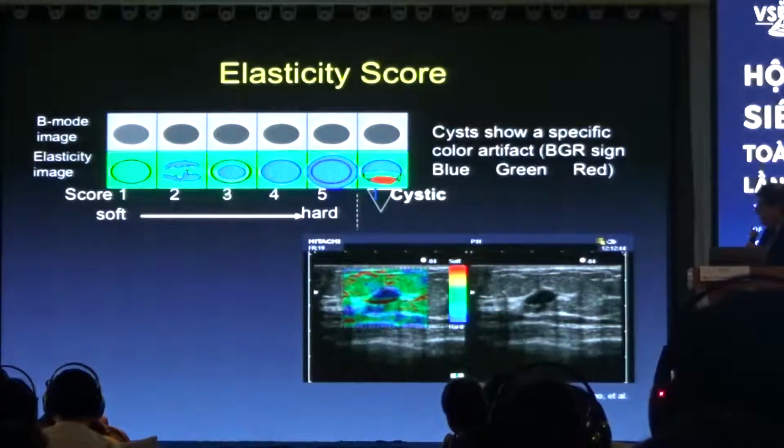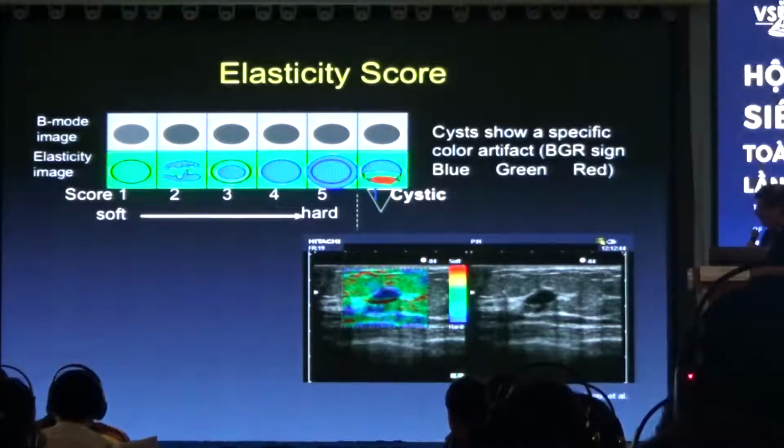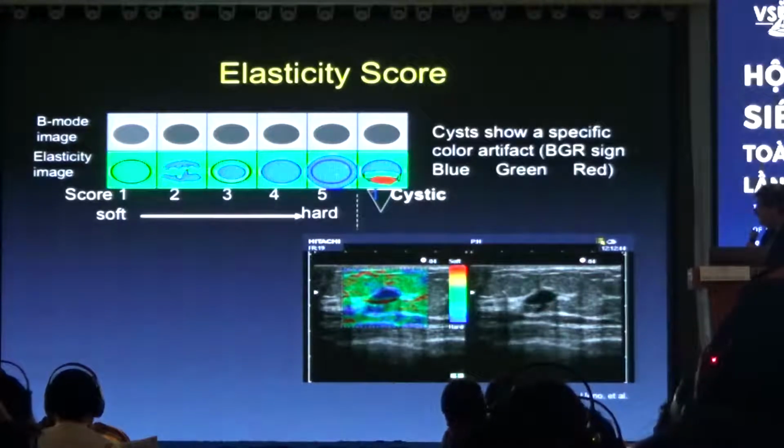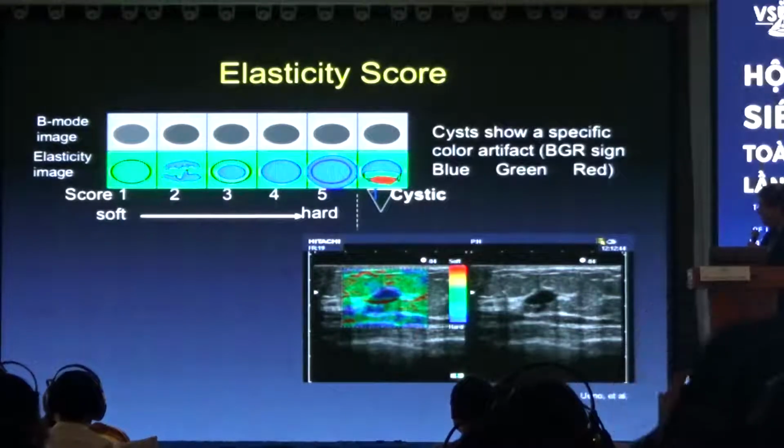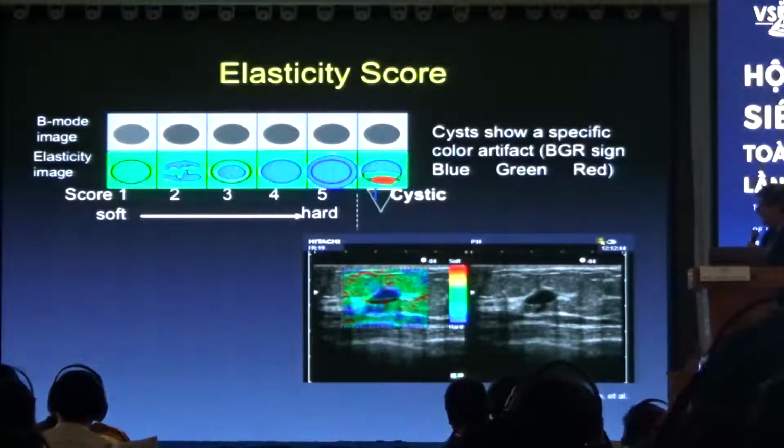A score of 3, the lesion is stiff but smaller than it is on B mode. A score of 4, the lesion is stiff and the same size as B mode. A 5, the lesion is stiff and bigger than it is on B mode. So we, in a sense, group 4 and 5 together and say it's a ratio of equal to or greater than 1, and 1, 2, and 3 that the ratio is less than 1.